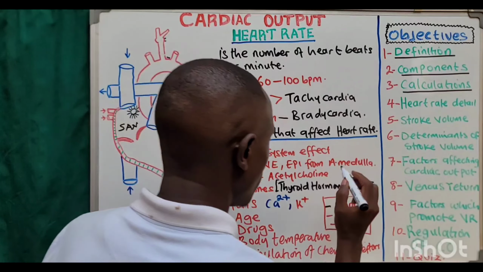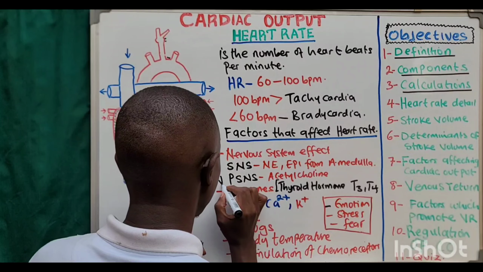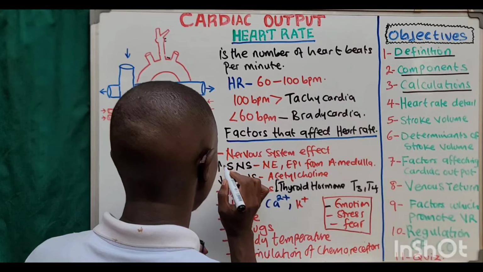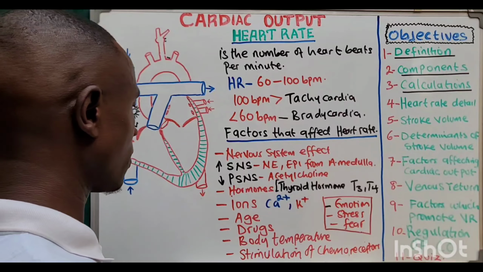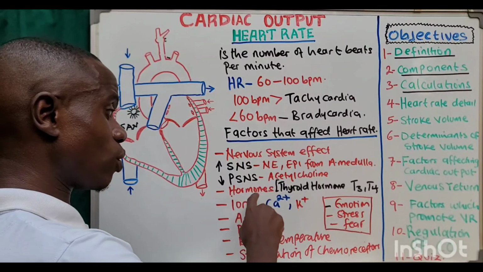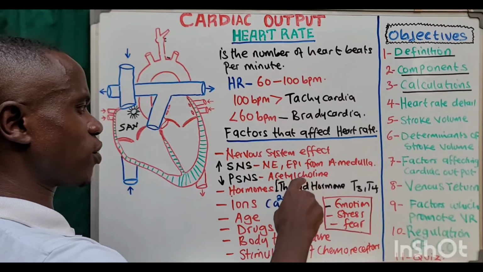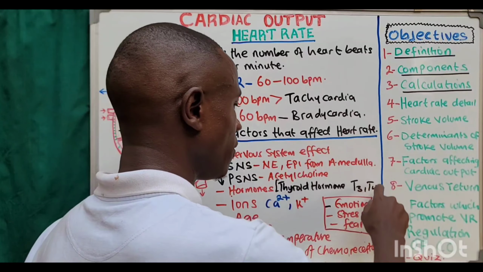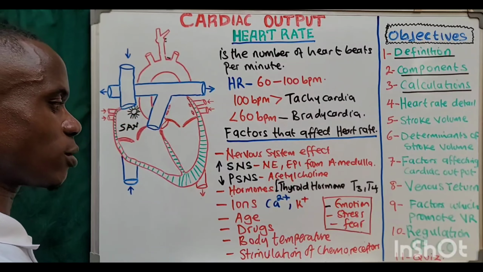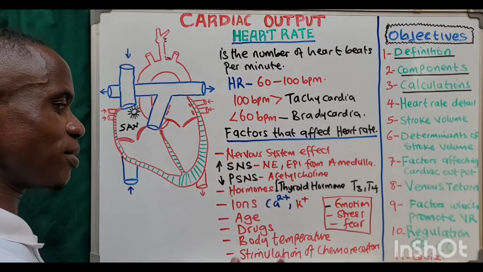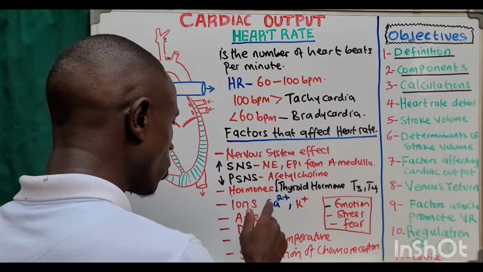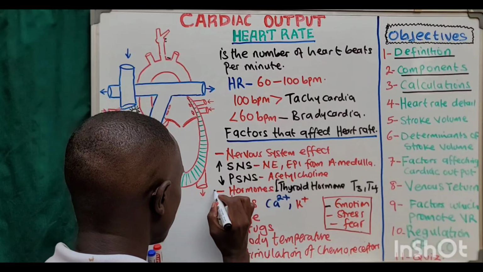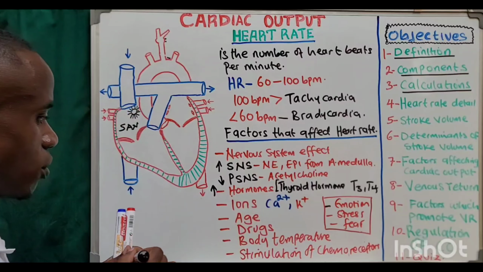So this one decreases heart rate, while the sympathetic nervous system increases heart rate. Then we said that hormones also have an effect on heart rate, especially the thyroid hormones like T3 and T4, by increasing expression of beta adrenergic receptors on heart muscles. These hormones also increase heart rate.